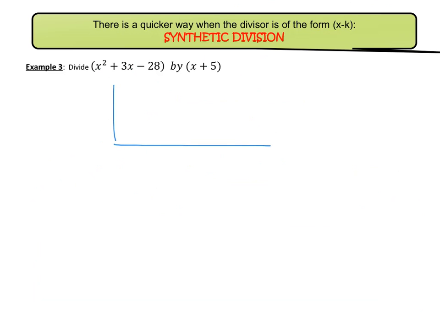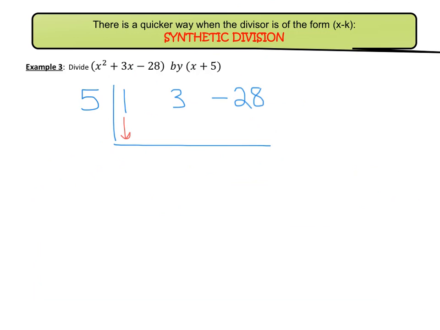So in this case, our coefficients are 1, 3, and negative 28. And then outside, in front of this little rectangular shape, we're going to take the number that we see right here. In this case, it's a positive 5, so we're actually going to write a positive 5 out here.